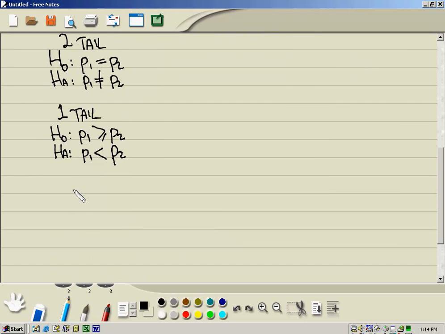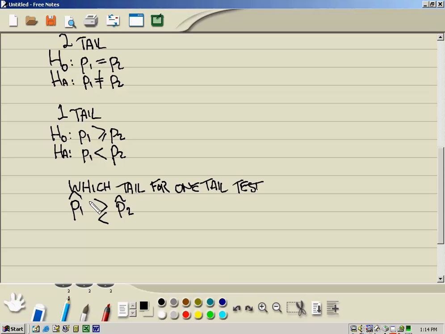In this type of problem, when we have a one-tail test, do we have to go through the routine of figuring out which tail? What we do is we compare the two sample values, but in the proper order. p hat 1 is compared to p hat 2.